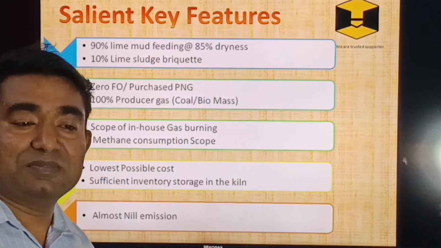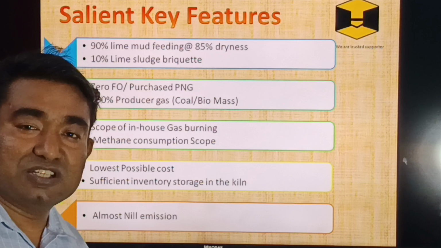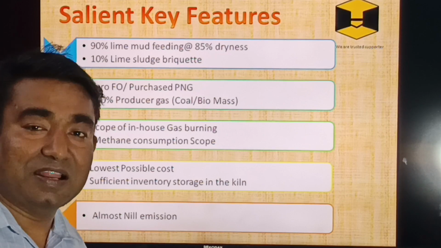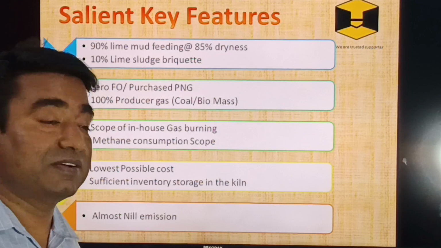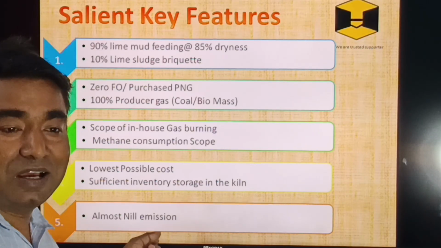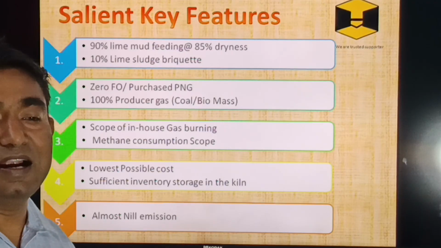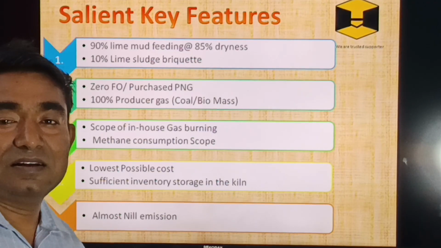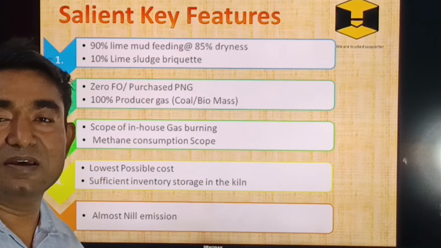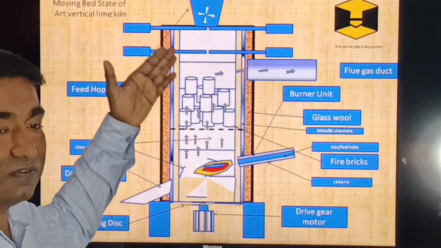For example, if something happens in transit or the supply chain, our mill will have a sufficient amount of lime in our silos. This technology also reduces emissions, meaning the particulate matter coming to the ESP will be the minimum. So this is the state-of-the-art vertical lime kiln.